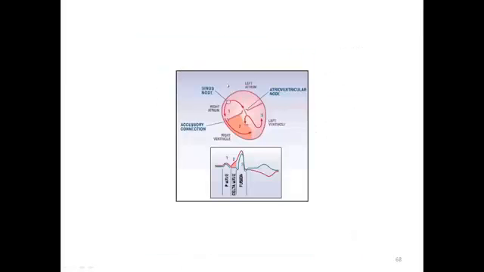This is a schematic showing you accessory pathways, and it goes through delta waves here. You can see in number 2 you get this nice P wave, and you've got this upsloping of the beginning of the QRS segment, and that's a delta wave. What do you think that is associated with?